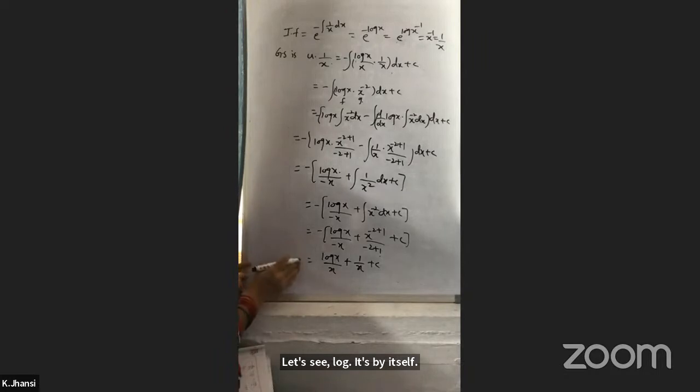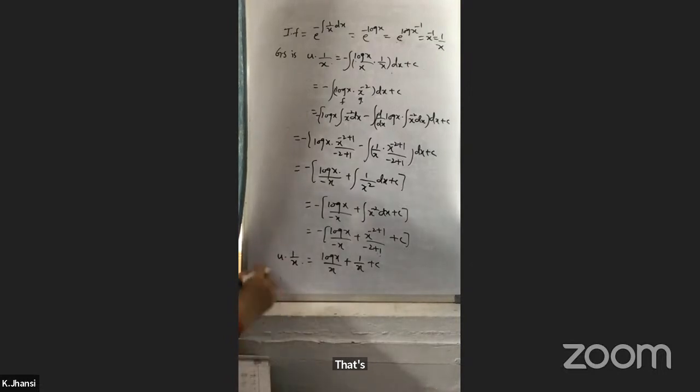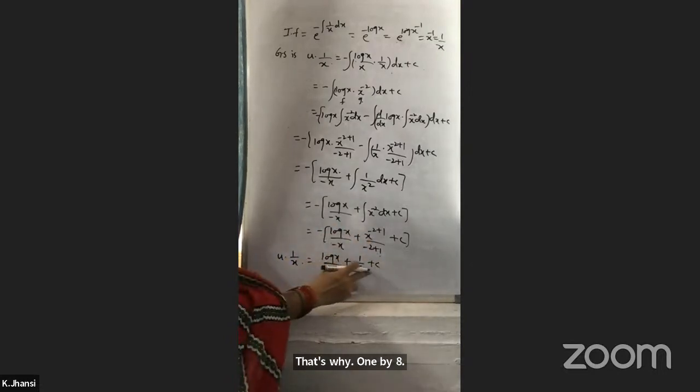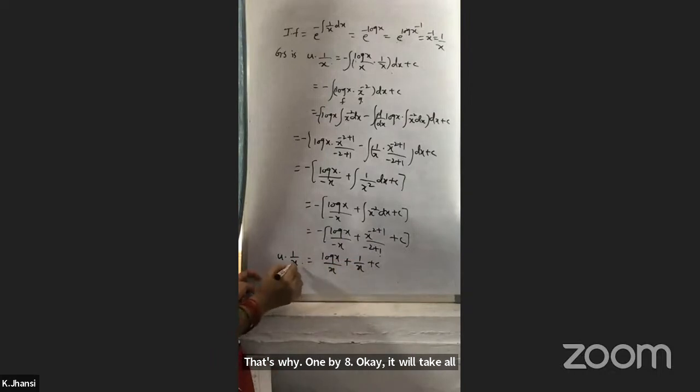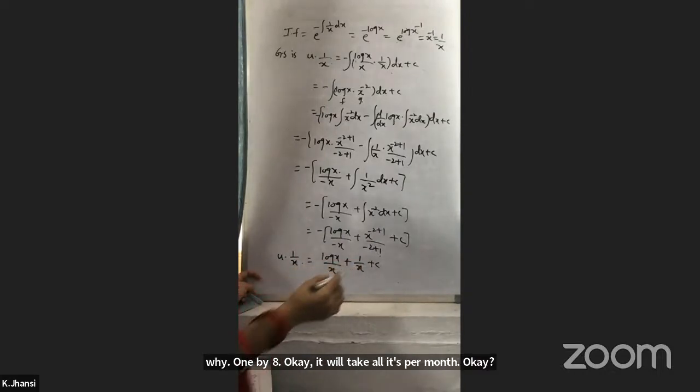Here u into 1 by x. If we take x common in the denominators, this x and this x both will get cancelled.